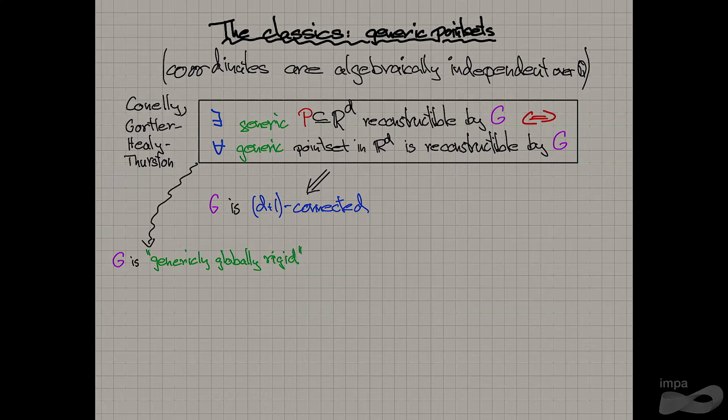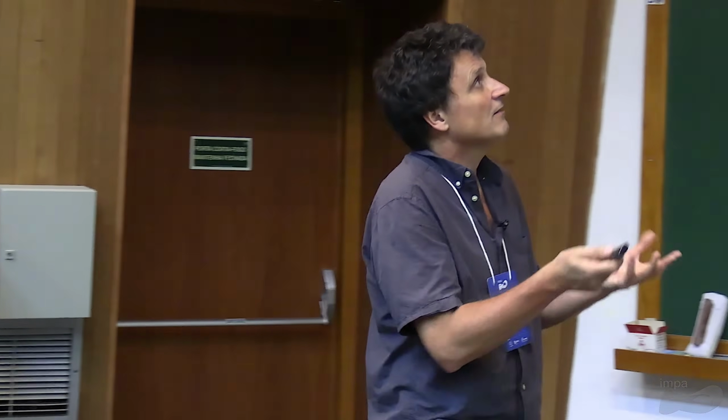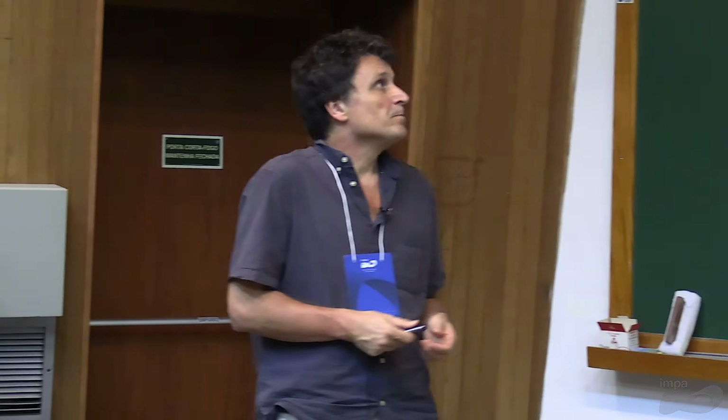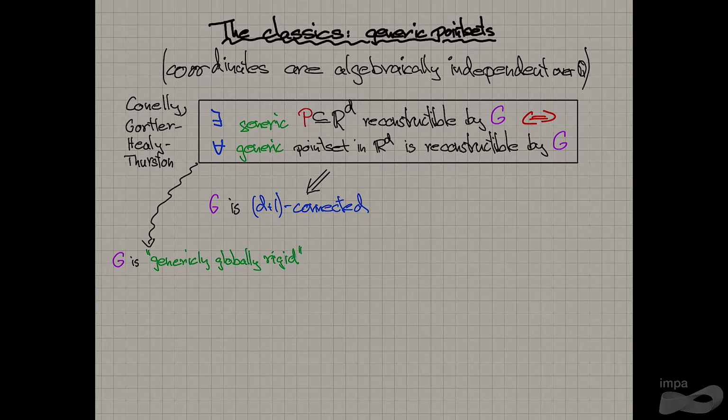So if you have one generic point set which you can reconstruct, then you can reconstruct every point set. And this property is called globally rigid in d dimensions. I'm going to add here the word generically because my reconstruction will not be of this type.